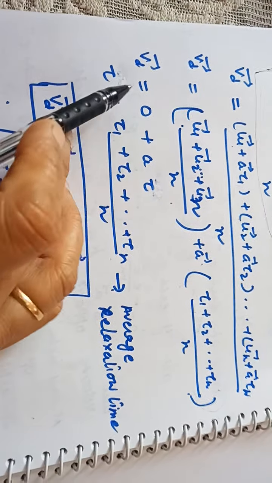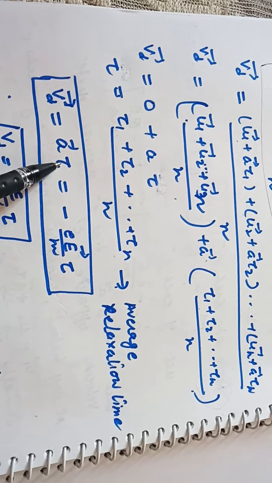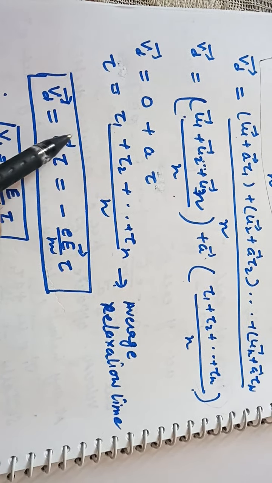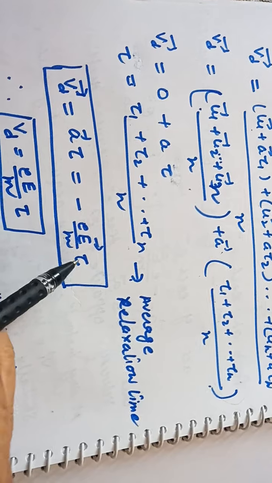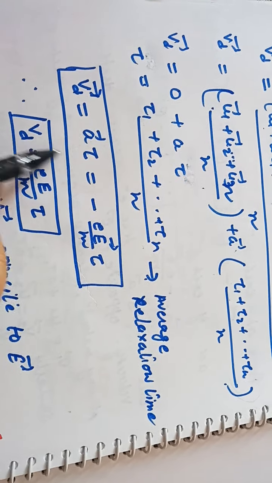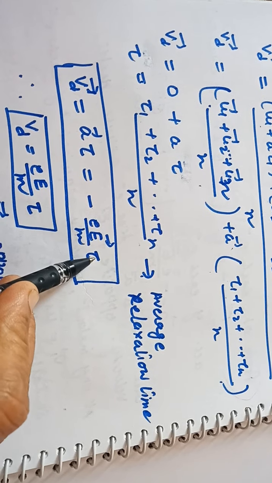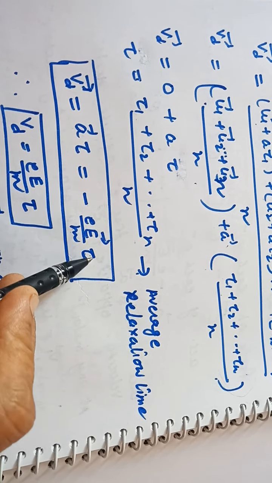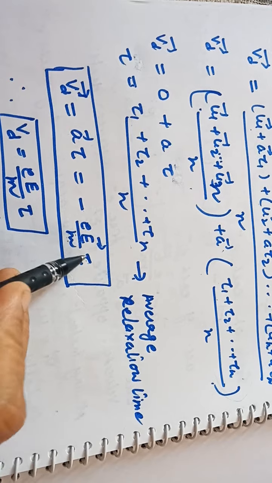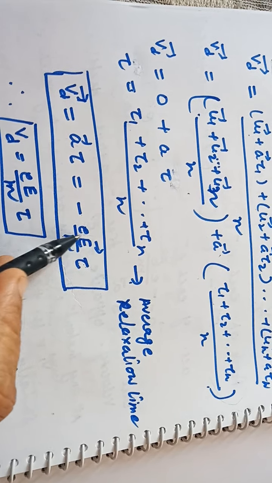So this expression can now be written as a tau. Substitute the value of acceleration, minus eE upon m, into tau. So you have got the expression of drift velocity, Vd equal to minus eE tau upon m. These are all scalar quantities, and only the electric field is the vector quantity.